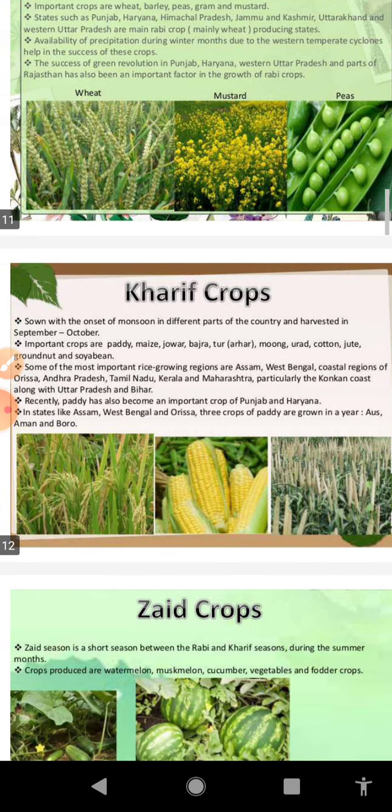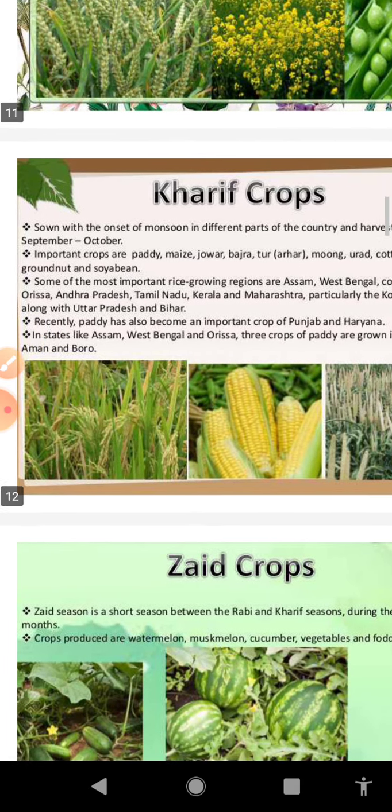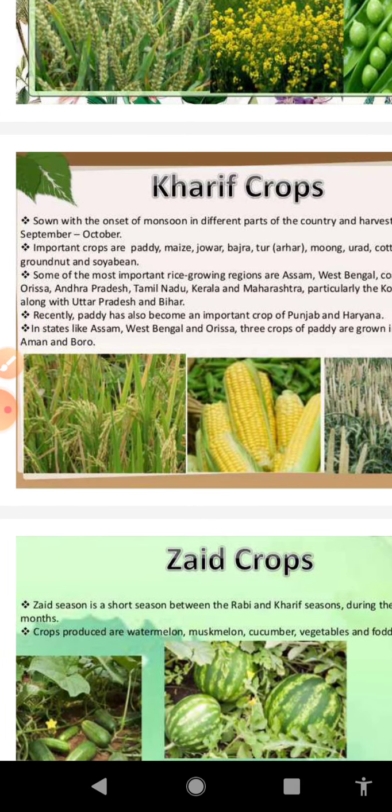After that, Kharif crops. The Kharif season is the summer cropping season, and it starts with the onset of monsoon in different parts of India, and these crops are harvested in September to October.